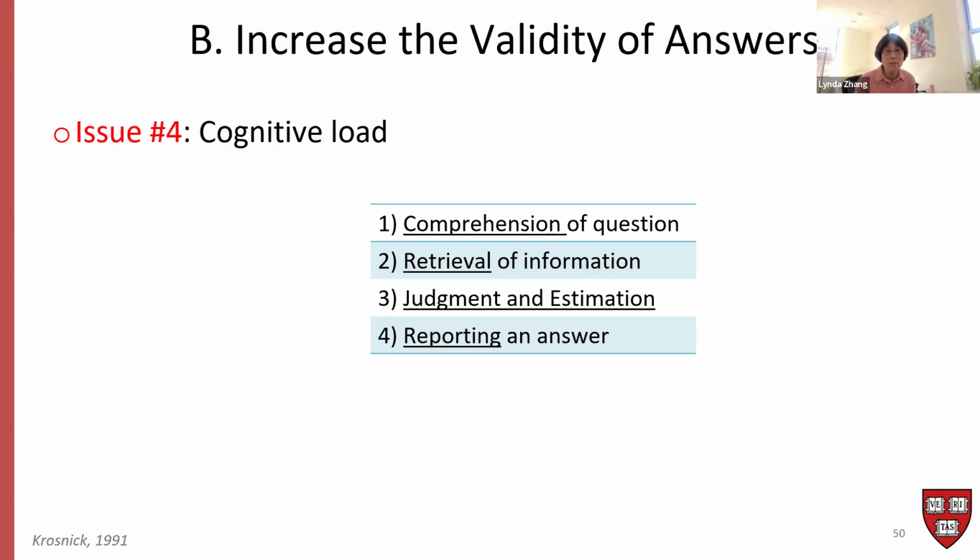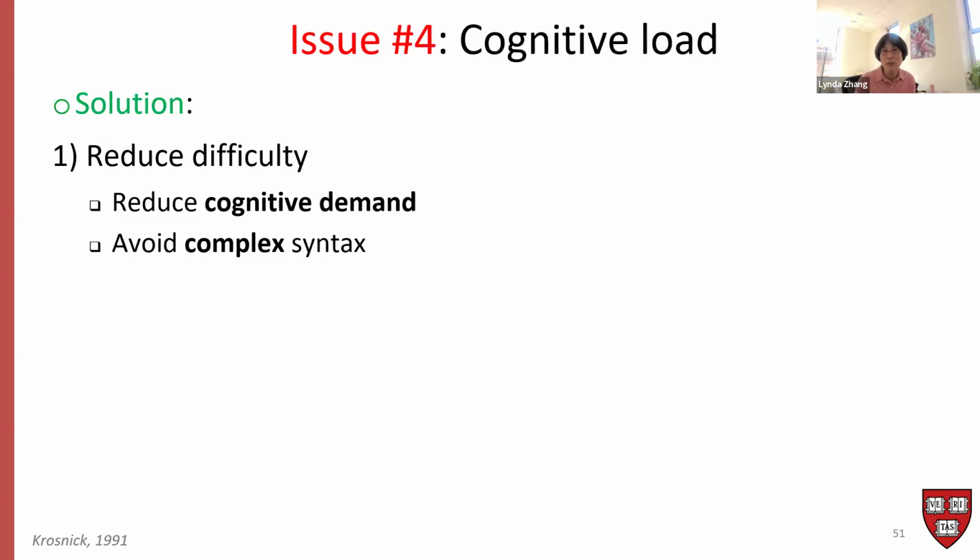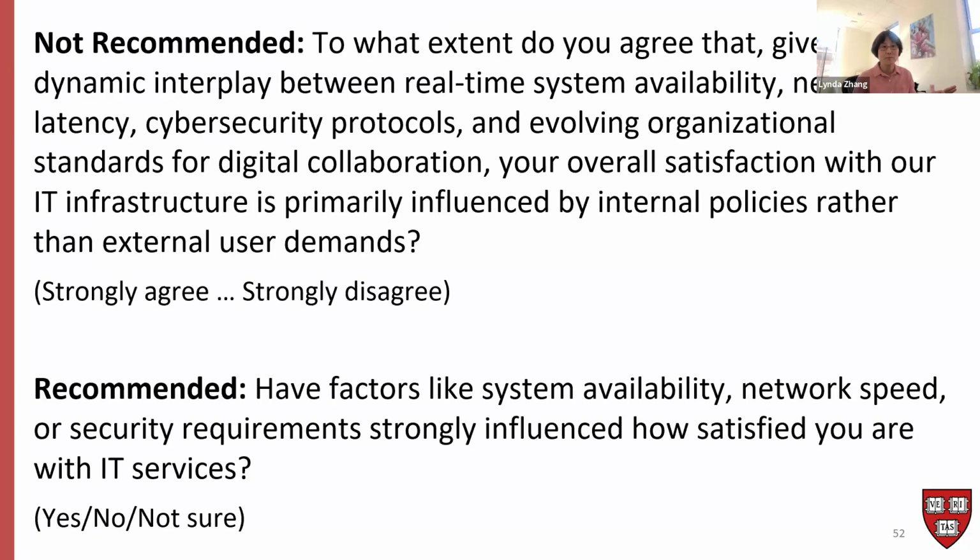To avoid this issue with cognitive load, you want to reduce the difficulty of the survey so they won't skip through and then give you a wrong answer or not an optimal answer. And you want to avoid complex syntax like this one.